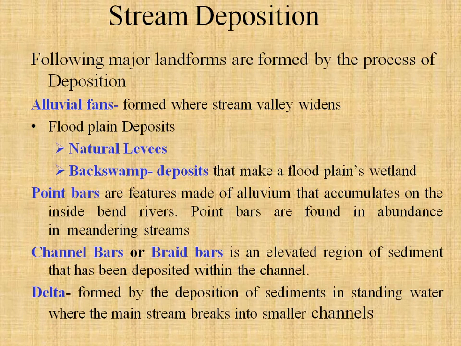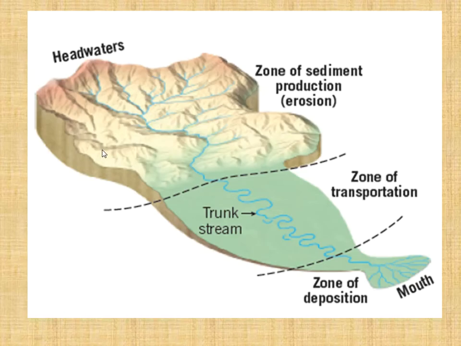There are a number of landforms which are formed because of the sudden change in the velocity. Here the velocity is very high, so you have erosional landforms, but from this point onwards there is suddenly a reduction in the velocity.